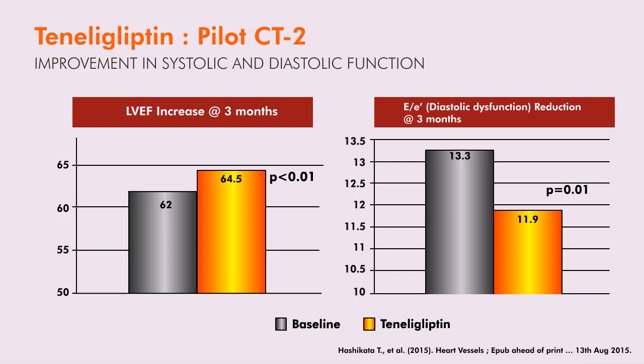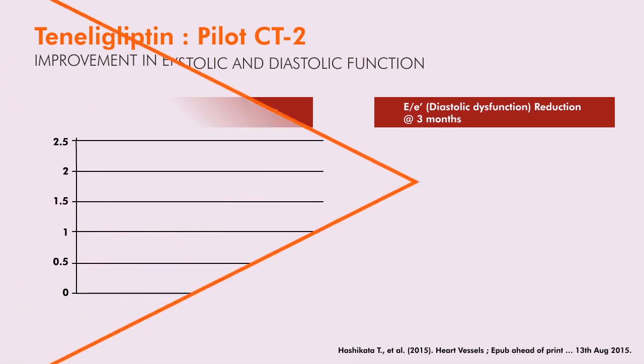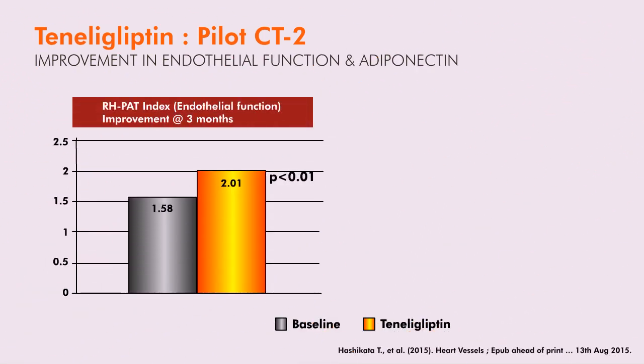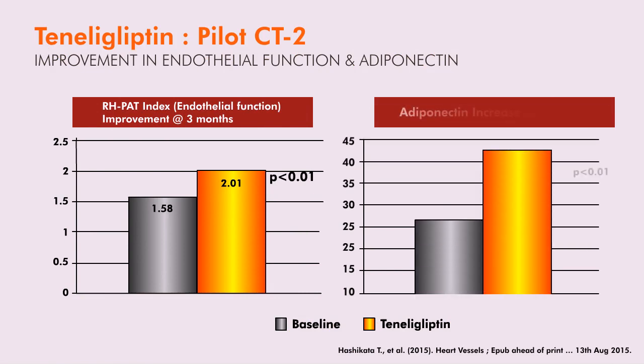So teneligliptin significantly improved the ejection fraction and reduced the diastolic dysfunction. The next parameter, the RH-PAT index, which is a marker for endothelial function, significantly improved, and at the same time the adiponectin levels significantly increased with teneligliptin 20 mg.